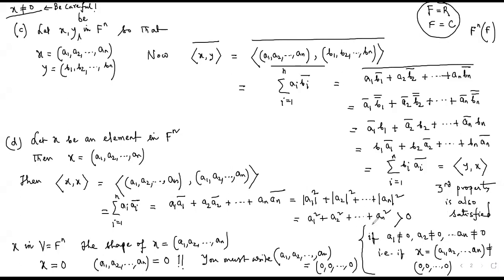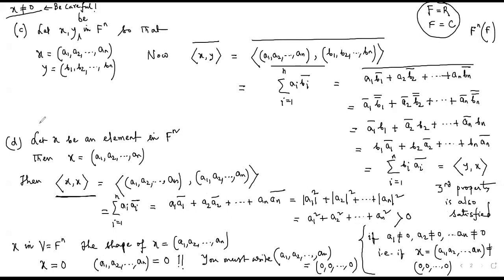So simultaneously they are not all 0. It is always a positive quantity. If it happens, that means the components are not all 0, so x is not the zero vector. And if x is not the zero vector and the inner product of x with x is positive, then the last final property is satisfied.